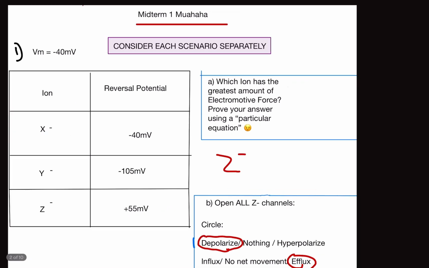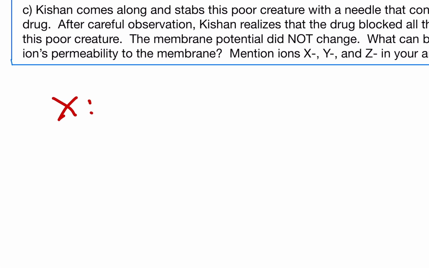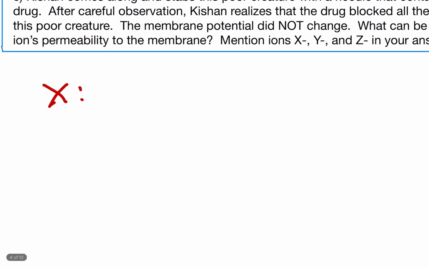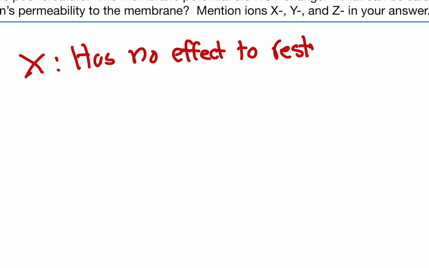They're the same numbers. So if we block X and the resting membrane potential doesn't change, X has no effect on resting membrane potential.